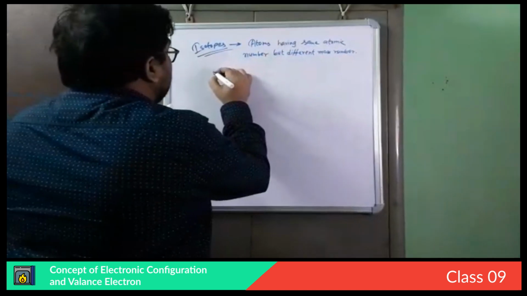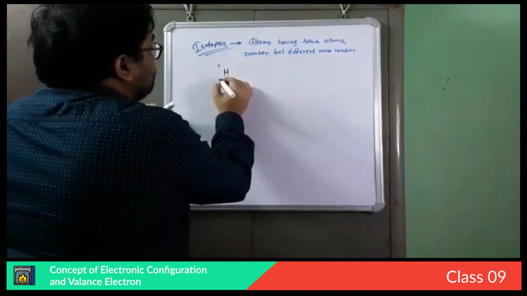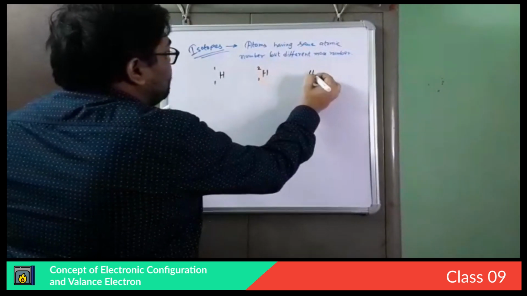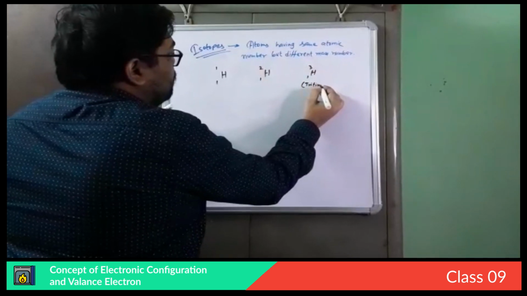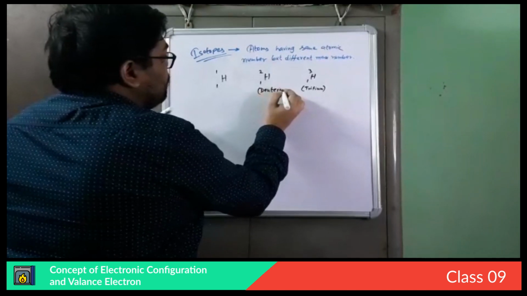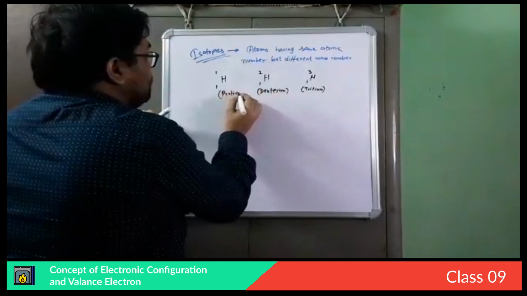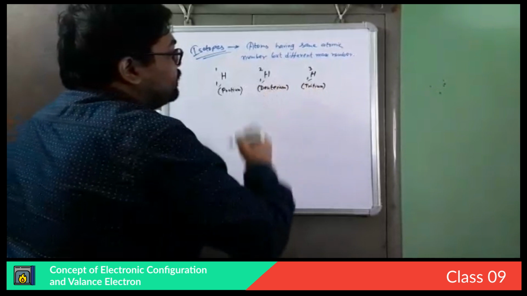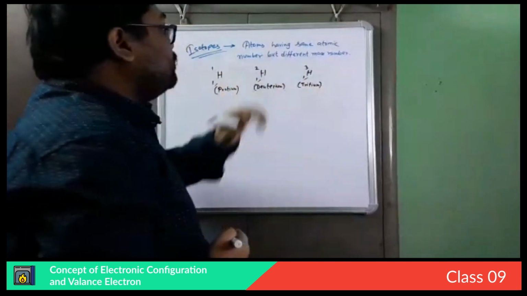For example, if I write the isotopes of hydrogen, what are they? They are H 1 1, H 2 1, H 3 1. The name of these isotopes are protium, deuterium, and tritium. Now you can see the atomic number remains the same, that is 1, but the mass number is different for the 3 cases.